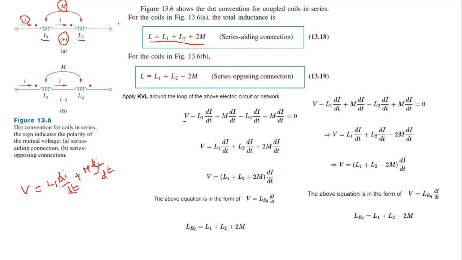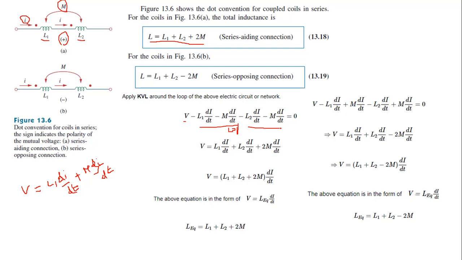So KVL is the sum of voltages across individual elements is equal to 0. Sum of all voltages across all elements is equal to 0. So it is V minus of L1 di by dt plus M into di by dt, this is for coil 1, and then this is for coil 2, L2 di by dt plus M into di by dt.